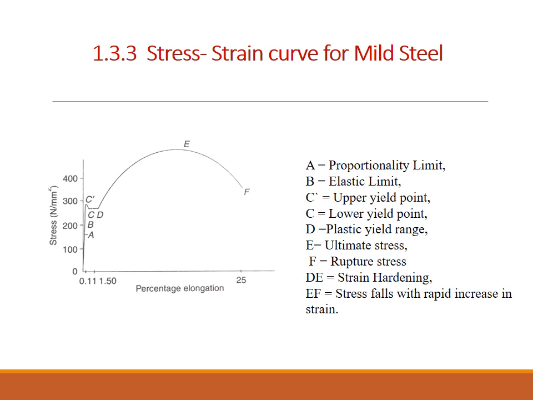CD represents plastic yielding. It is the strain which occurs after yield point with no increase in stress. The point D of a plastic yield range is somewhat variable, but a typical strain is 0.014. The strain in the range CD is thus at least 10 times the strain at yield point.